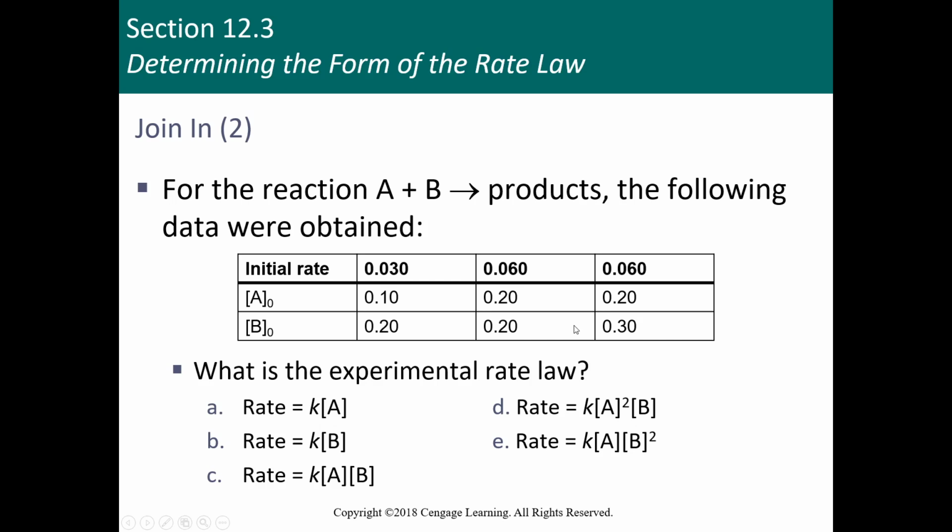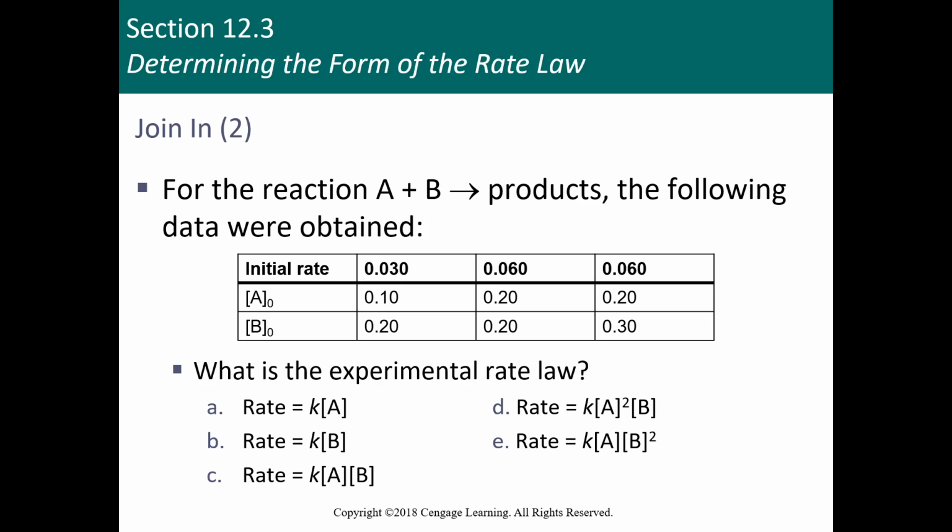And so what I'm seeing here is that when I take B and go from 0.2 to 0.3, the rate does not change at all. And so you may feel like you have to do some sort of math here, but you don't. If we change this concentration and it has absolutely no effect on your rate, the only way that could happen is if it's zero order.